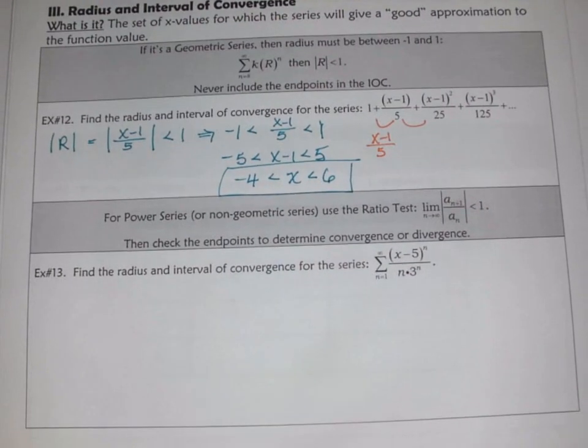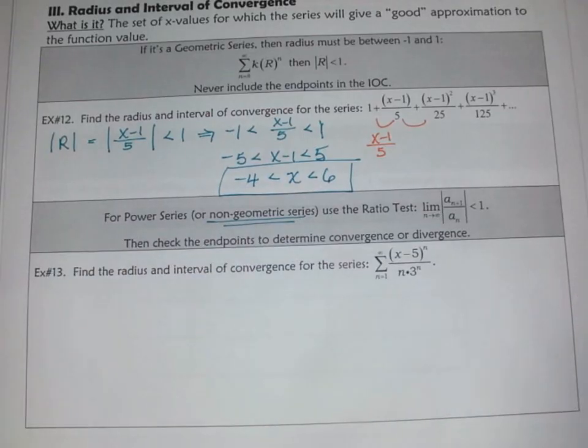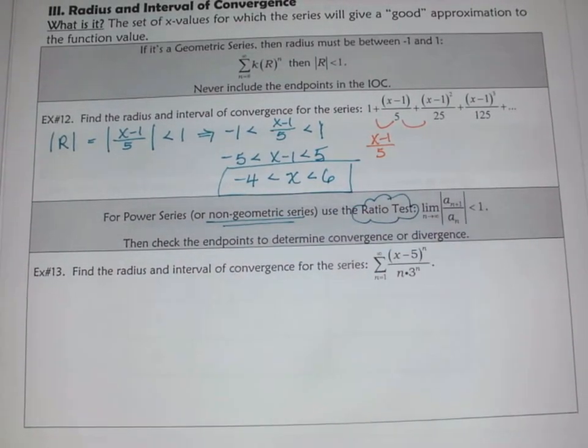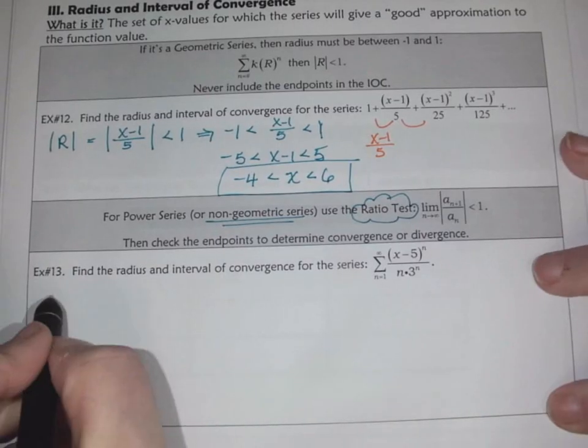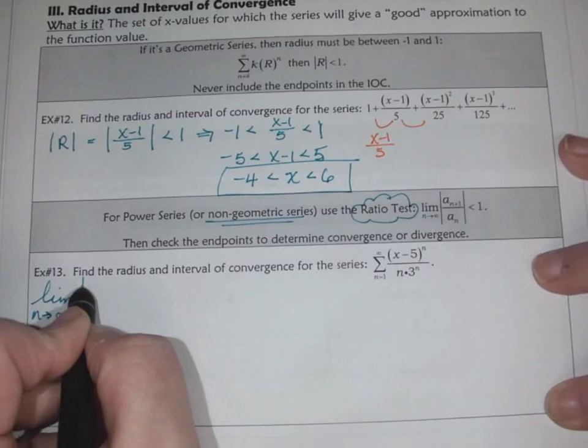Okay, next one was the ones that were non-geometric. So when it's non-geometric, remember we use the ratio test and we have to check our endpoints. So let's start out with the ratio test. So we have the limit as n goes to infinity.